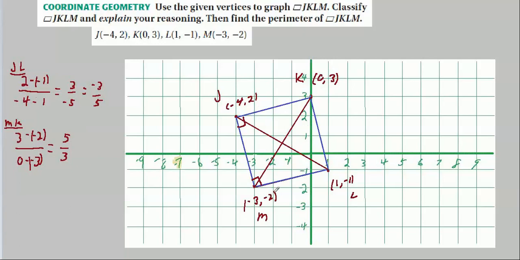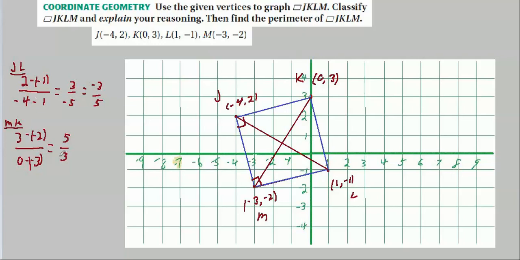Oh, pardon me. I think I did JL first, so we get 2 minus negative 1 here. It's 3 over minus 4 minus 1. 5. Well, minus 5. That gives us a minus 3/5. Over here, we get 3 minus negative 2. That's 5. 0 minus negative 3.